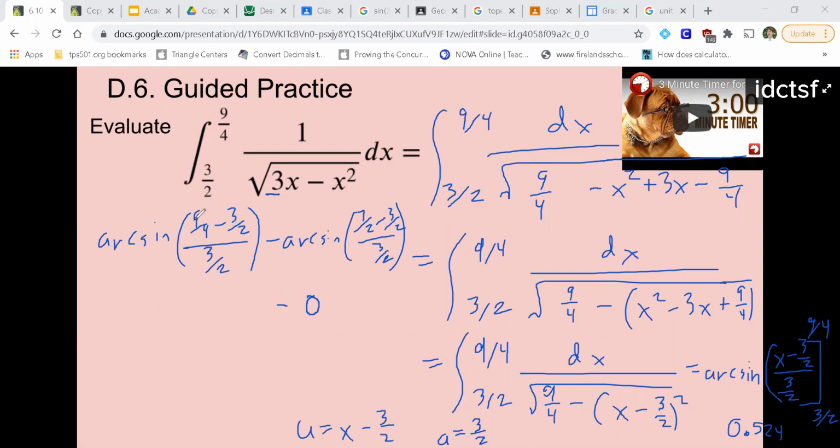For 9/4 minus 3/2, you need a common denominator. Multiply by 2, so this becomes 6/4. So you get the arc sine of 3/4 over 3/2.